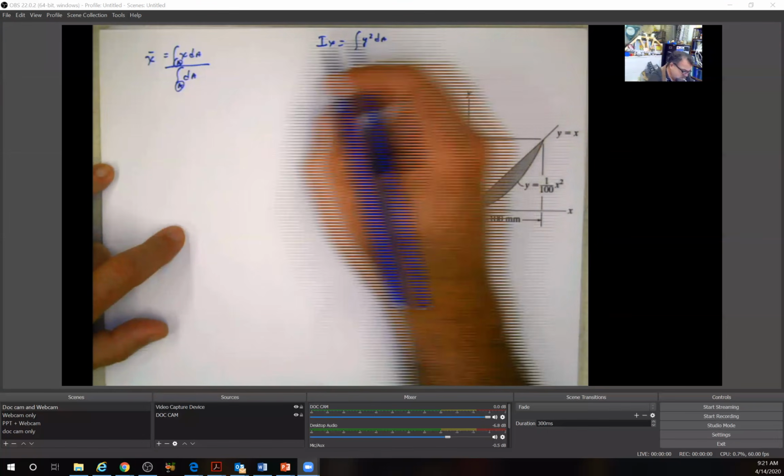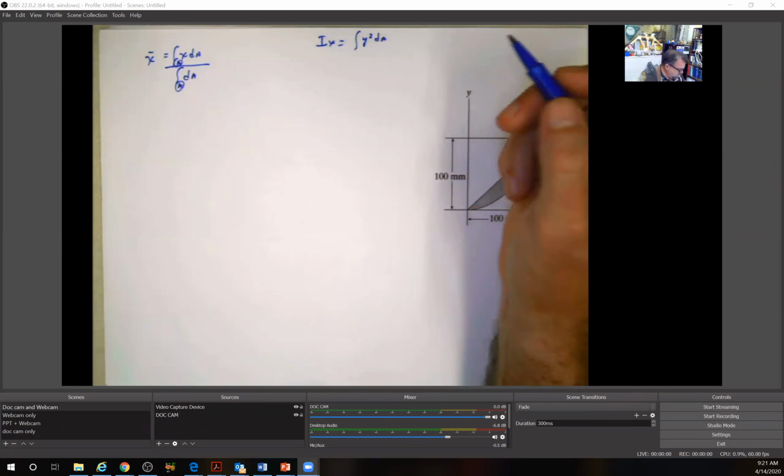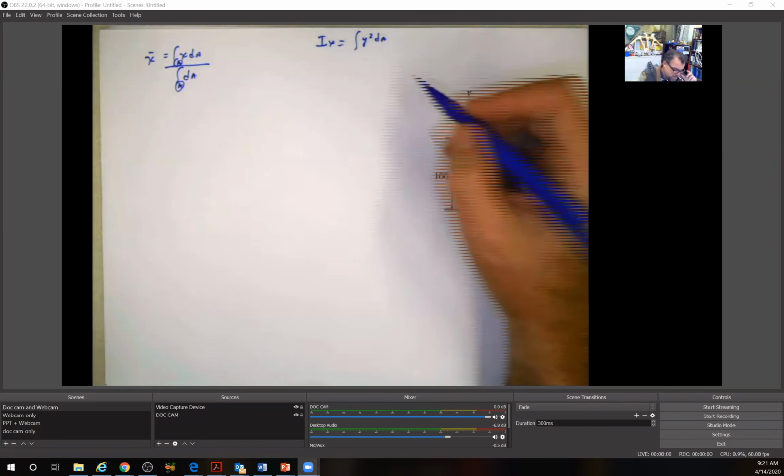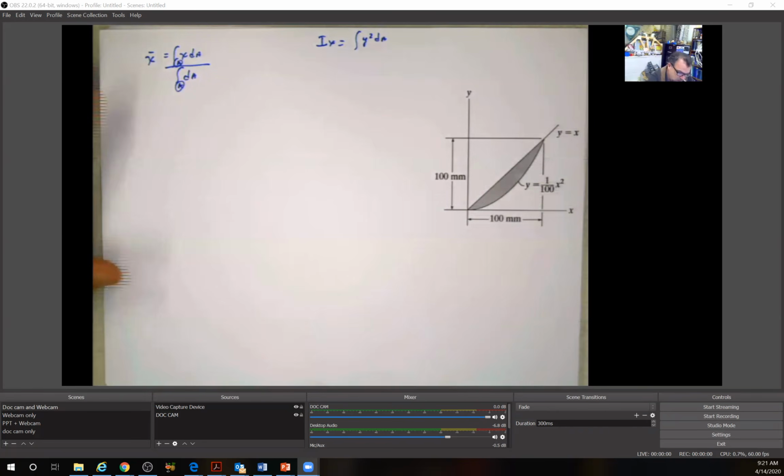Now, x squared dA, and then we are going to go back and do the other direction. Now, there are two ways of doing this.